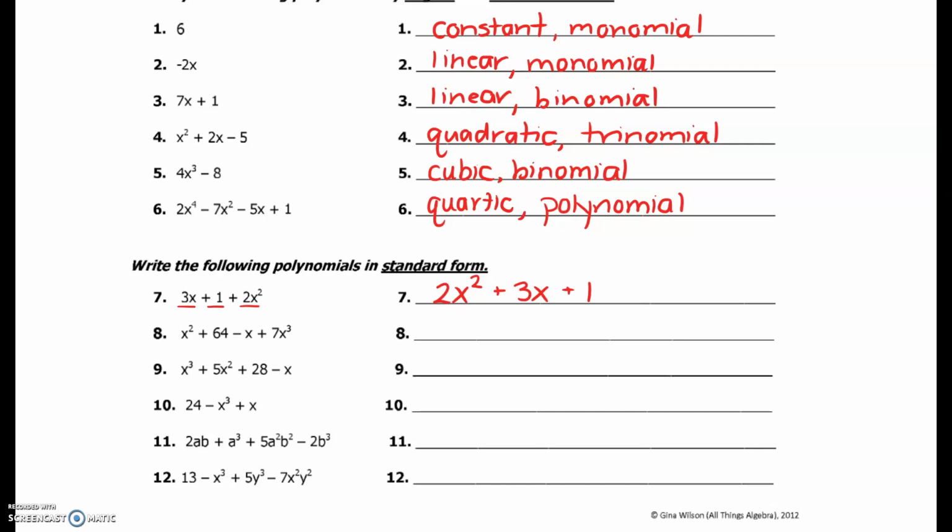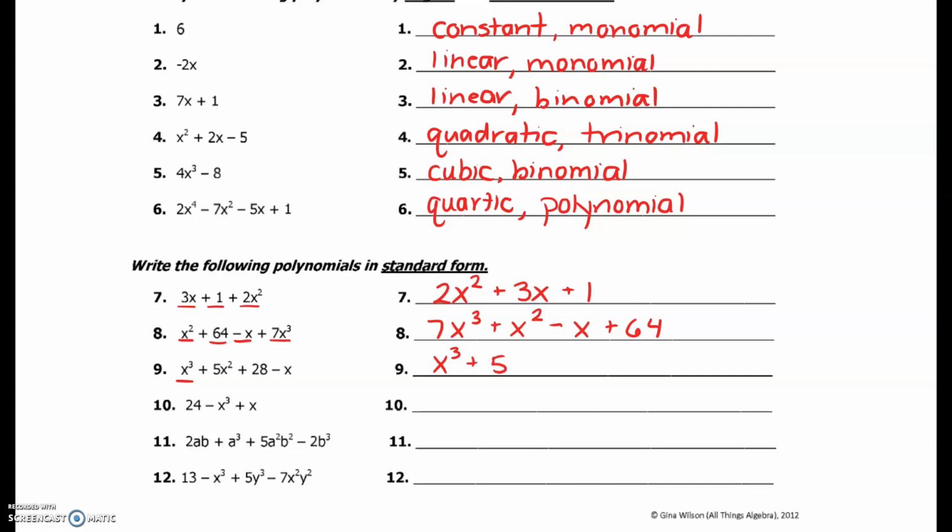In number 8, you'll notice you have an x to the third. That should go first. Then we look for the x squared term, which is also positive. We look for the x term next, which is negative, so we can keep that sign. And then again, ending with our constant, which is a positive 64. Number 9, same idea. We have an x to the third.